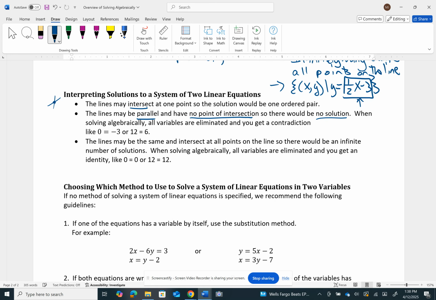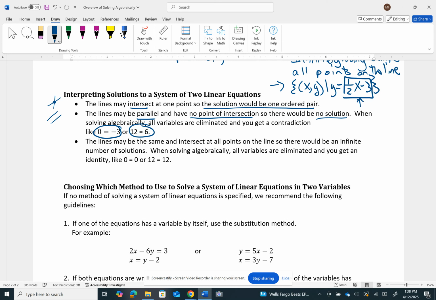If they intersect, okay, then you're going to have the solution would be the ordered pair where they intersect. All right, now what happens when you solve algebraically on that second case is you're going to get something false, like 0 equals negative 3 or 12 equals 6. That's going to be the no solution case.